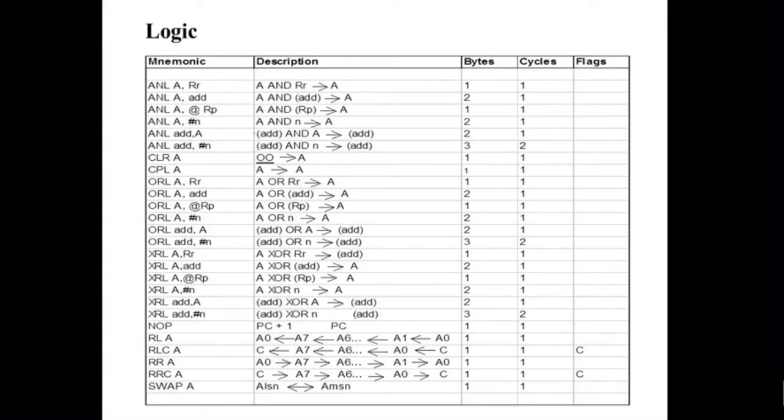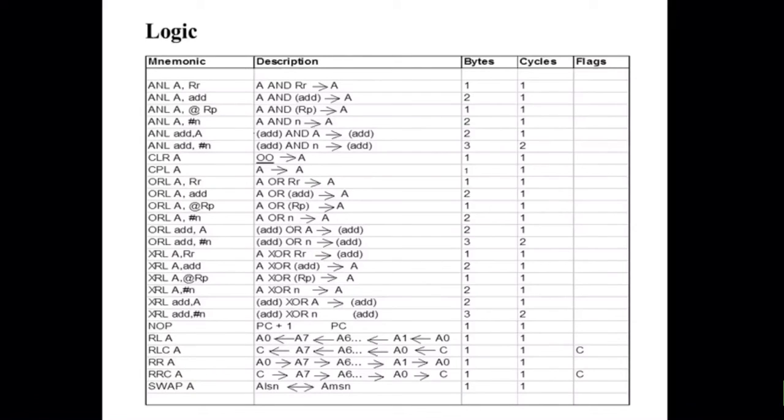Now RLC A means rotate left through carry. You are not attempting a direct rotate left on the accumulator; you are rotating left through carry, meaning the most significant bit moves to carry, and whatever logic the carry previously held is moved to the D0 position. Here D0 is the LSB and D7 is the MSB.